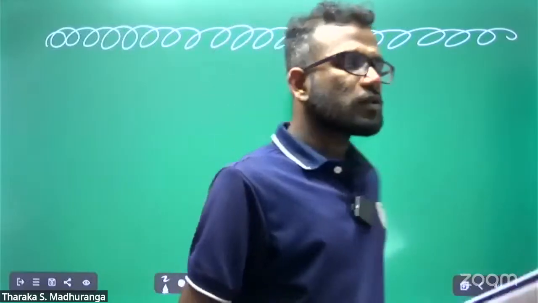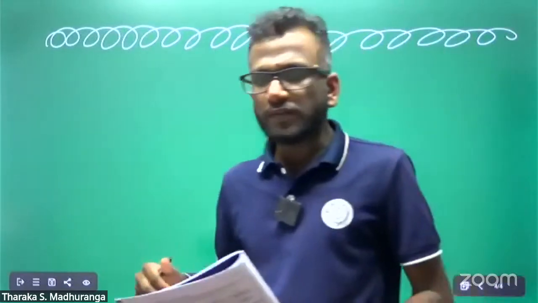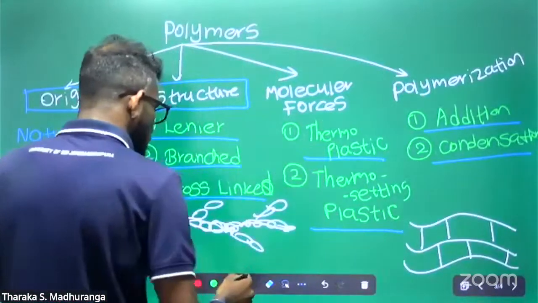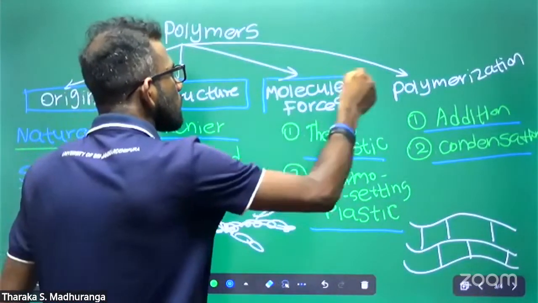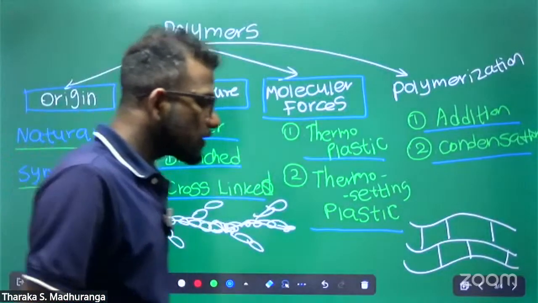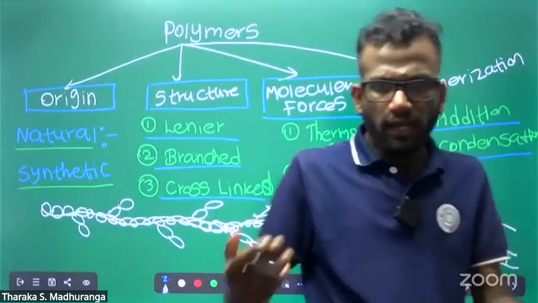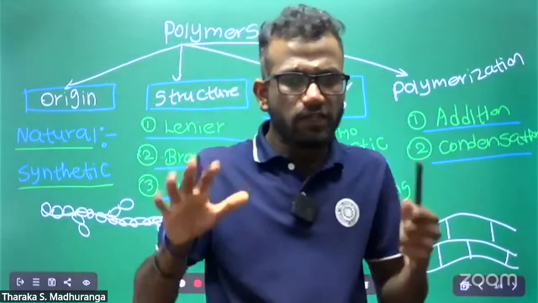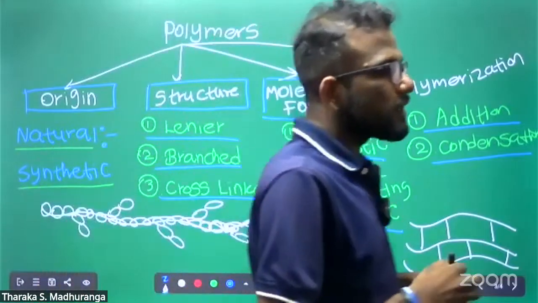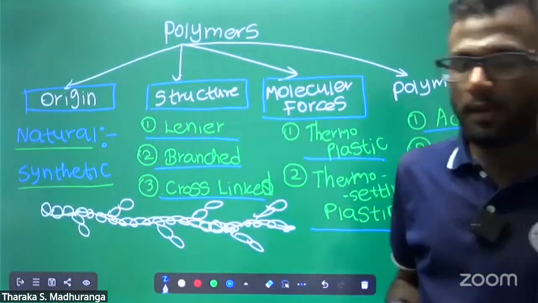Okay. Our third classification is based on the molecular forces. According to the molecular forces, polymers we can divide into two main types. Actually, there are more types, but in our syllabus we mainly discuss two main types: thermoplastic and thermosetting plastic.